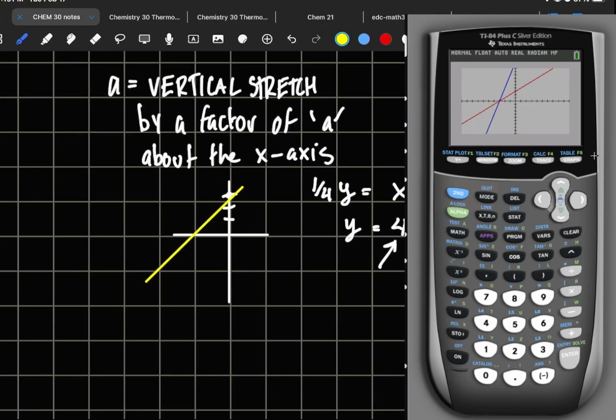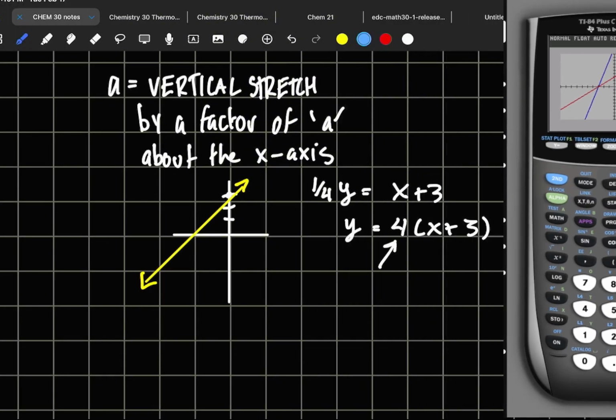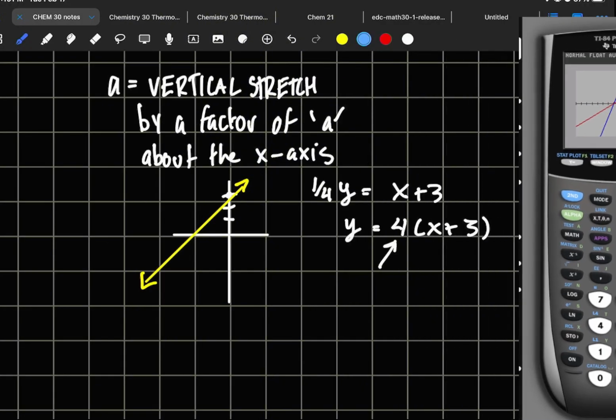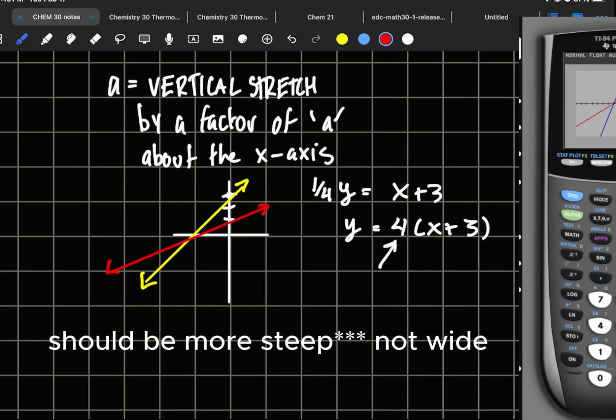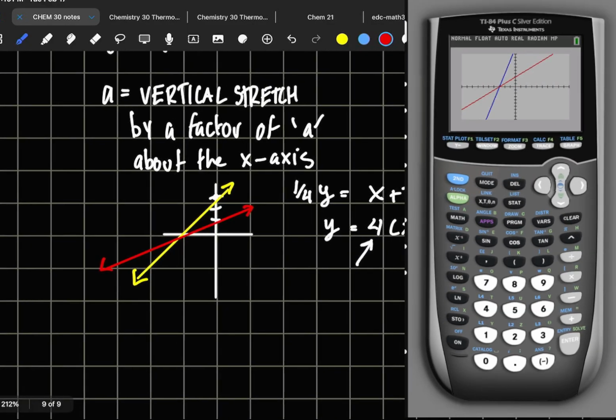Your graph of y equals x plus 3 is going to look something like this. And when you graph y equals 4x plus 3, that's going to be a lot steeper. So this is a vertical stretch. You can either make it larger or you can make it smaller, and again, it's about the x-axis.